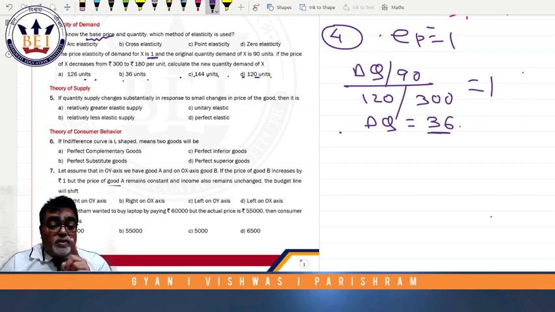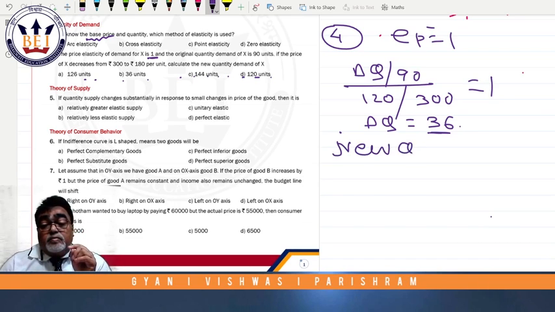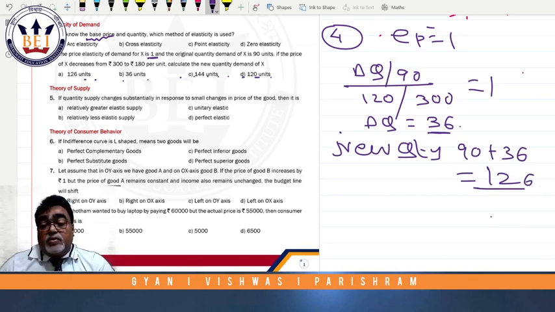When price falls, obviously quantity should increase. So my new quantity should be 90 plus 36, that is 126 units. My answer to this is A.